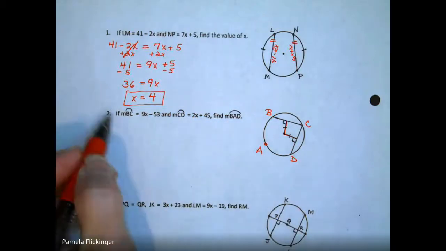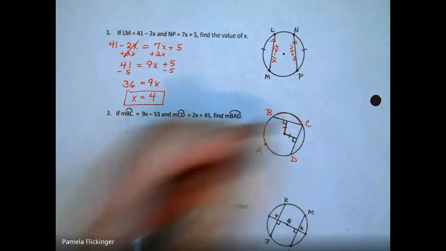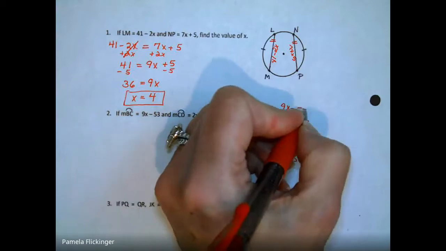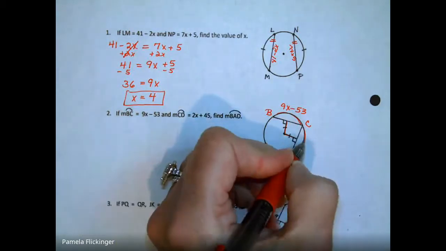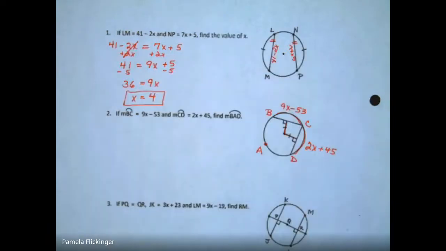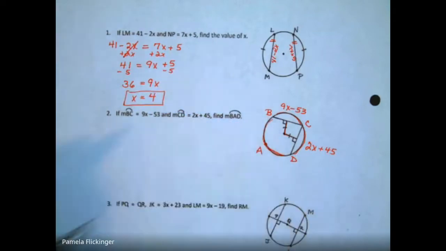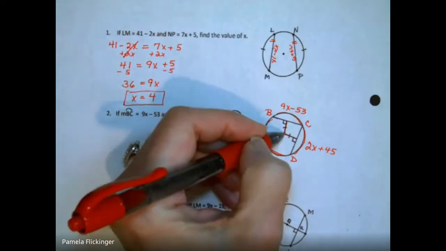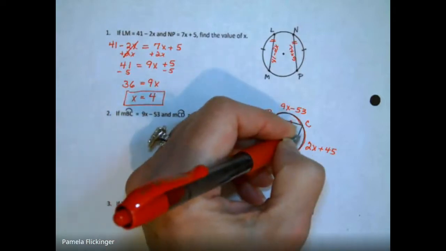If I know the measure of arc BD is 9x minus 53, that's going to be up here. If the measure of arc CD is 2x plus 45, that's going to be there. But we want to find this measure. To get started, because these two chords are equidistant from the center, the chords are going to be congruent to each other.